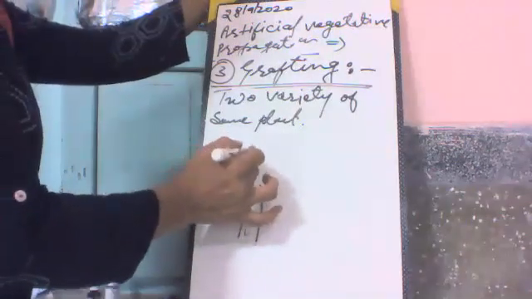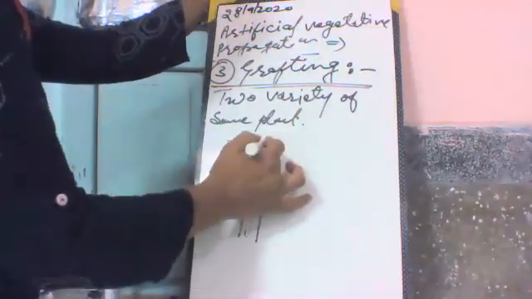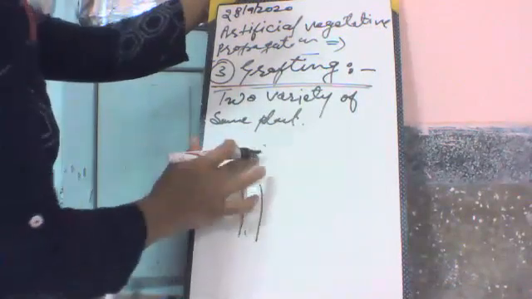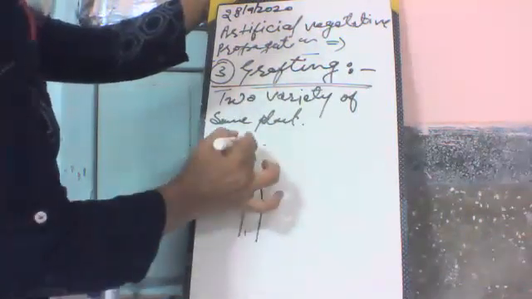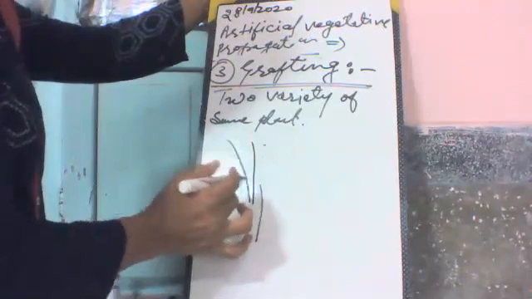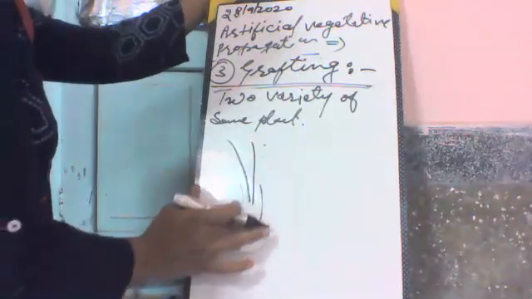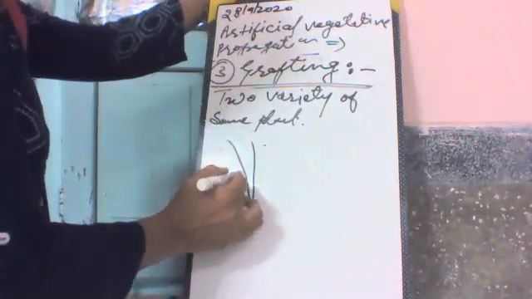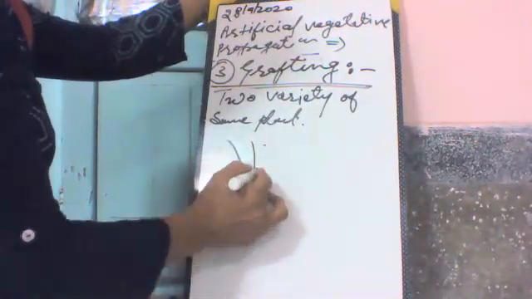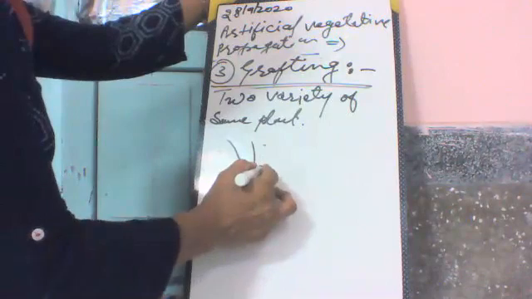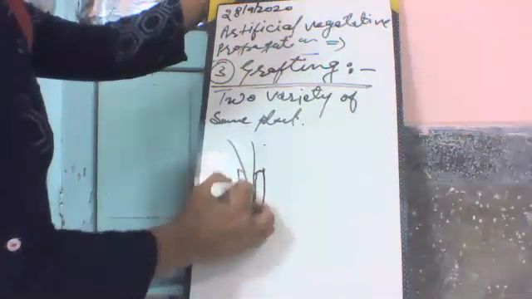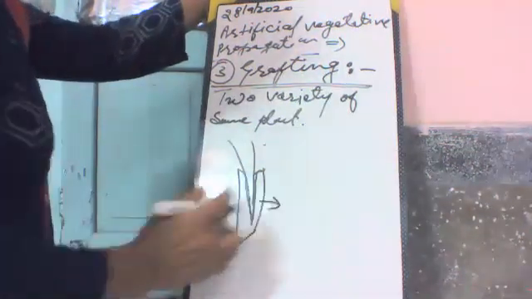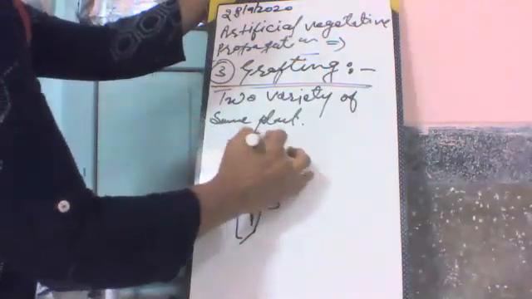Here we have to put another part of the other plant, and this is fixed on the receiving plant.